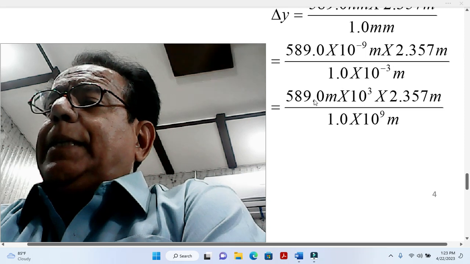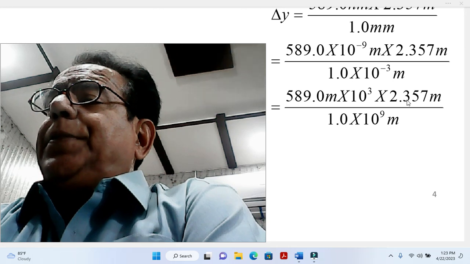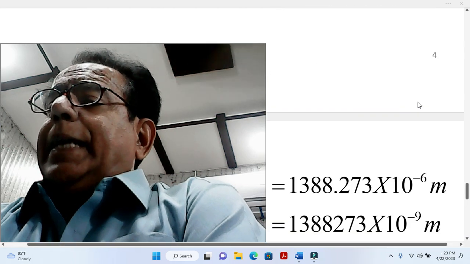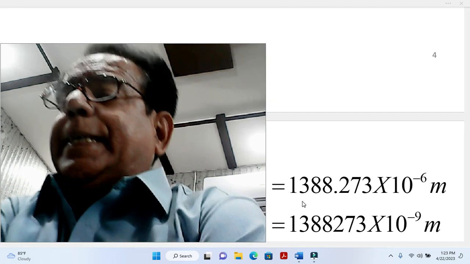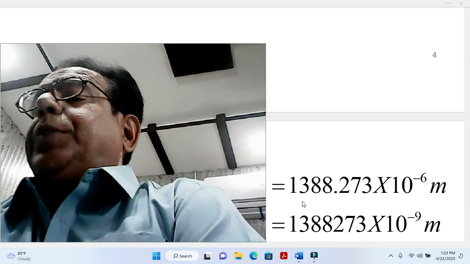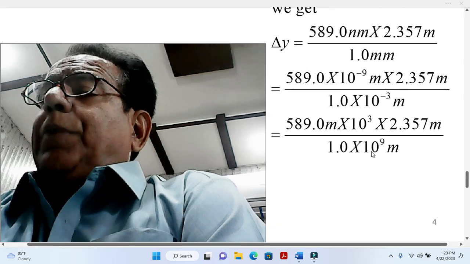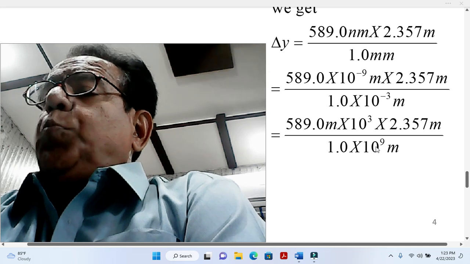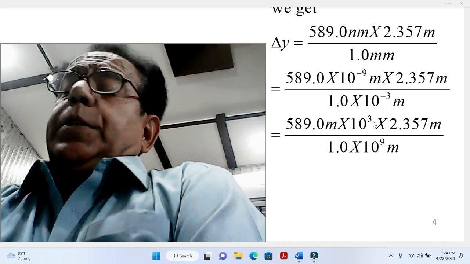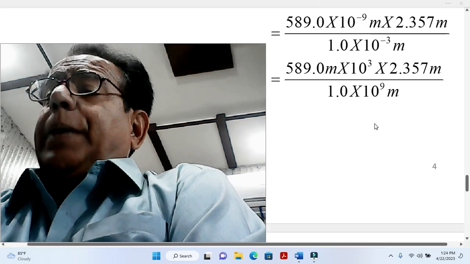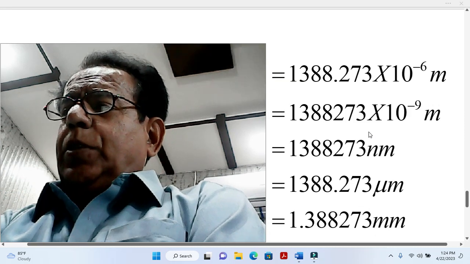We have multiplied 589 with 2.357, and hence the resultant figure has become 1388.273 into 10 to power minus 6 meter. Because 10 to power 9, 10 to power 3, 10 to power 6 will be left, and when it is shifted to the numerator, it will become minus 3, minus 6.